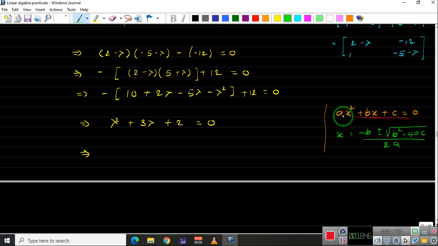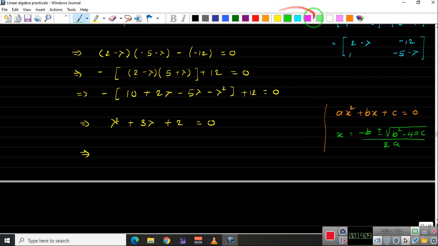Here a is the coefficient of x square, b is the coefficient of x, and c is the constant term. One root we get by taking the plus sign, and the second root by taking the minus sign. This is one way. Second way, you can use your standard way and split the middle term.